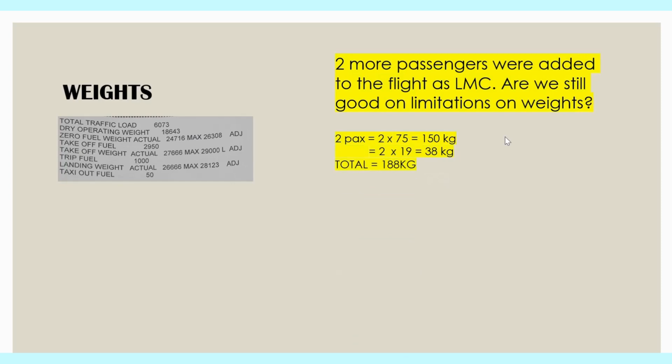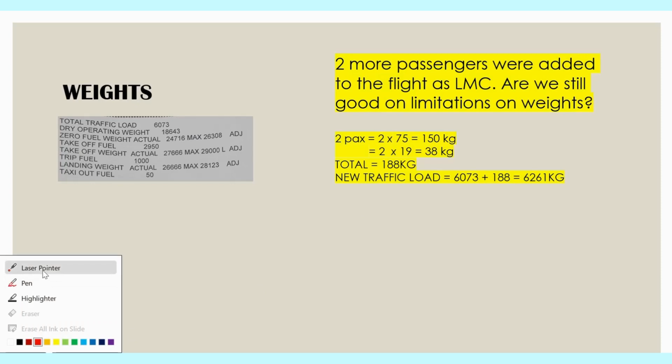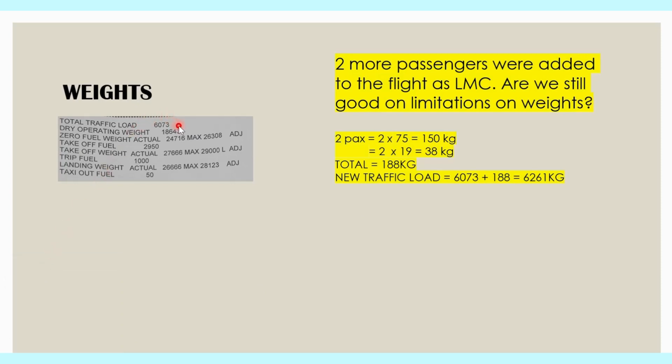Now the new traffic load: your old traffic load was basically 6073. Now you have added 188, so your new traffic load will become 6261 kilograms. Having said that, let's see now what we can come up with.